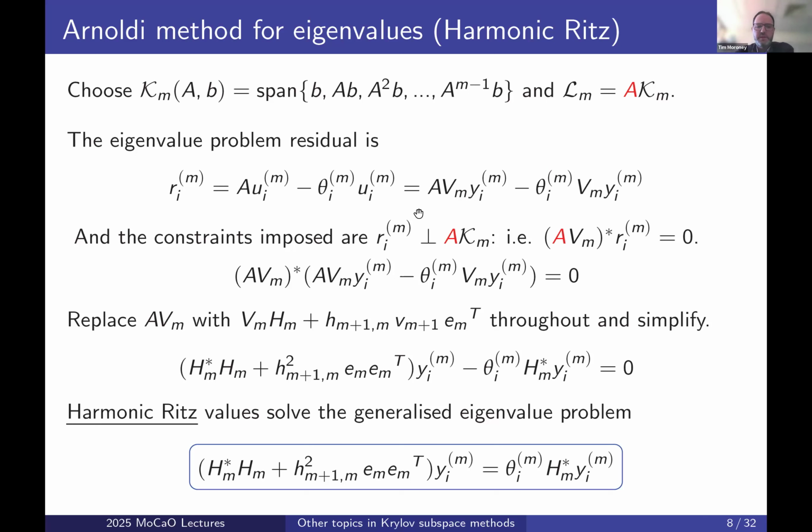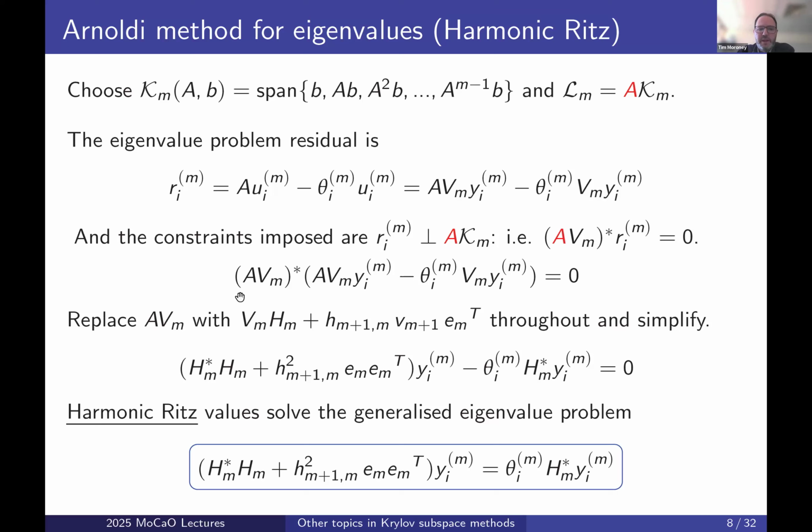Right, Ri, because you could have multiple eigenvalue and eigenvector pairs you're looking for. They each come with a residual, okay? And so for any one of them, this condition is imposed. So what's that going to look like?